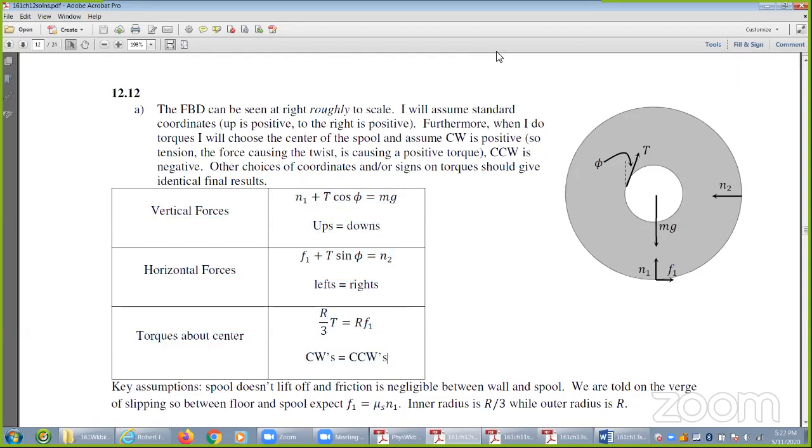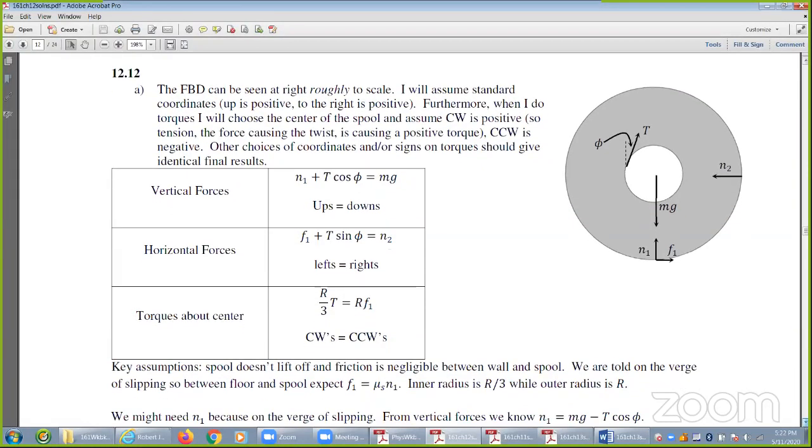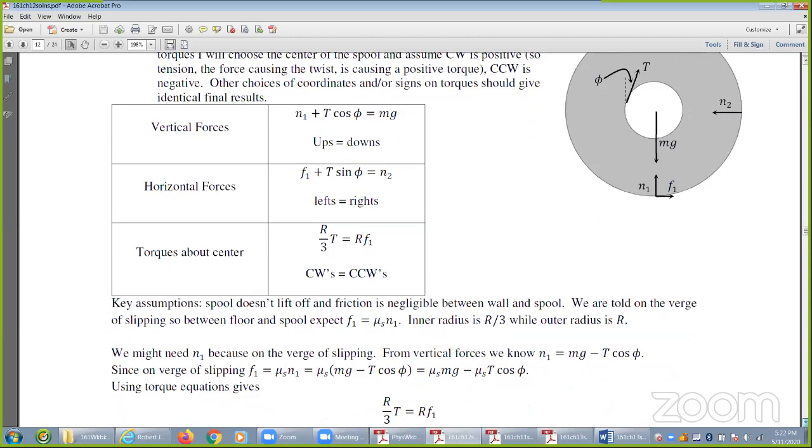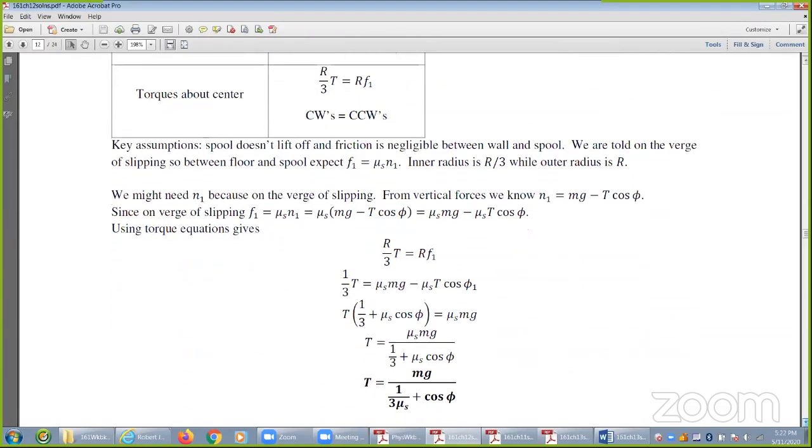Joy, if you could unmute, what do you think of that? Is that making some sense? And then from there, it's just straight algebra, right? Piece of cake.